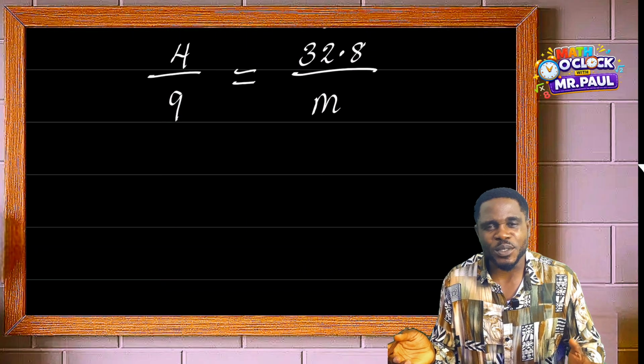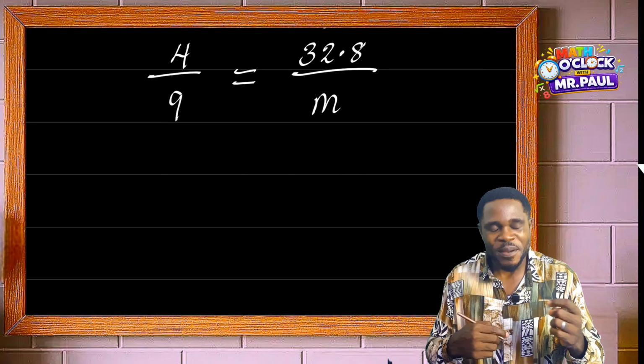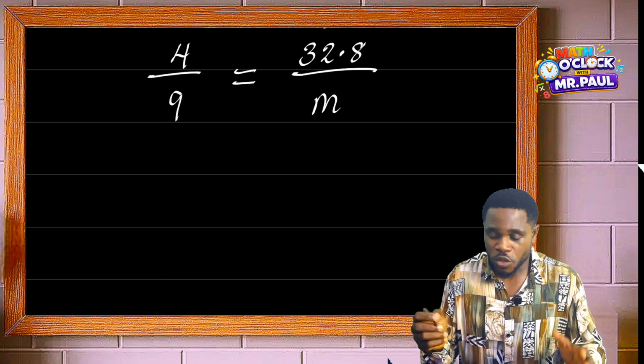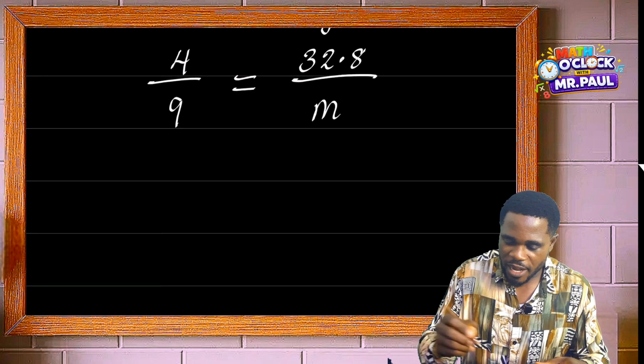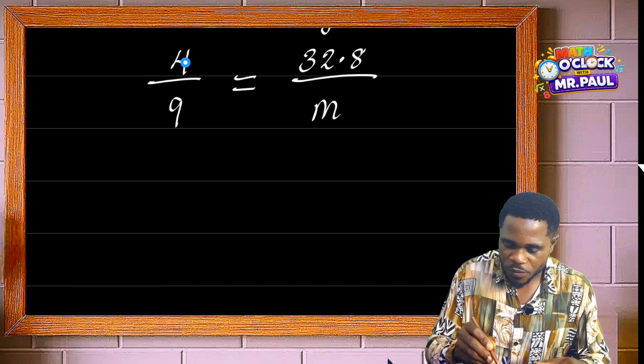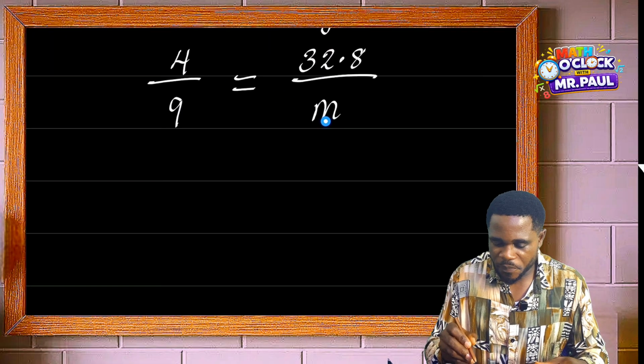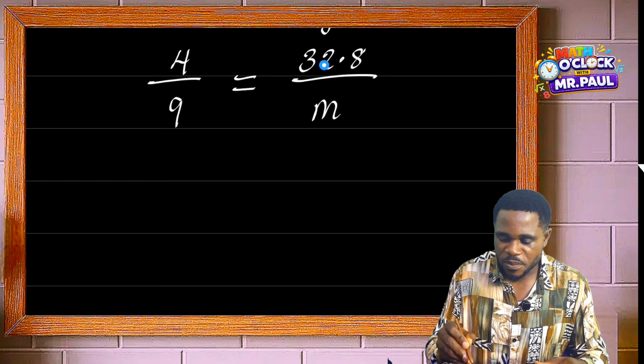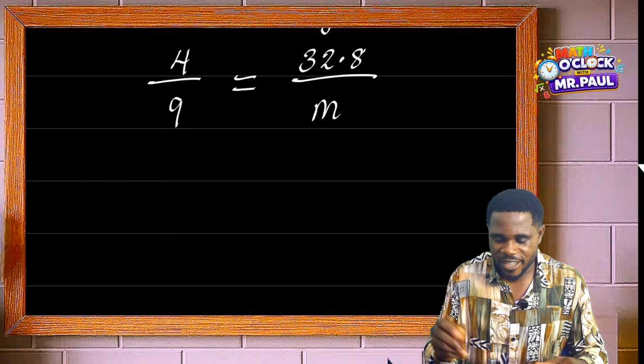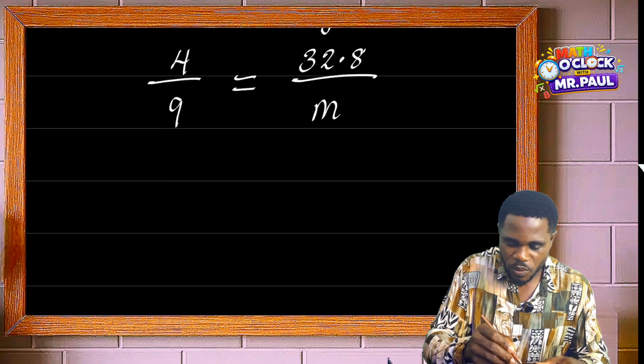What's the next step we do? Remember? We cross multiply. Beautiful, you are following. You cross multiply. That's to say 4 is going to multiply M, and then 9 is going to multiply 32.8. So let's go ahead and cross multiply.